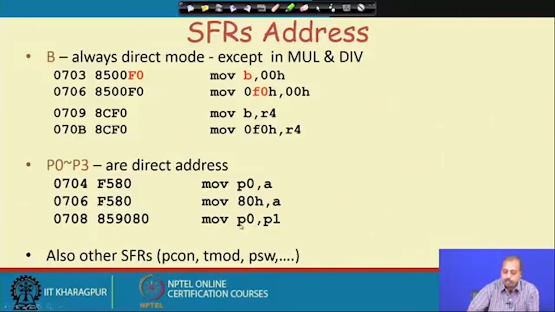Then we can also have MOV P0, P1, where P0 is 80 and P1 is 90. This becomes a 3 byte instruction. So, we can use P0 to P3 as direct addresses. Other SFRs like PCON, TMOD, PSW can also be used for these movements.